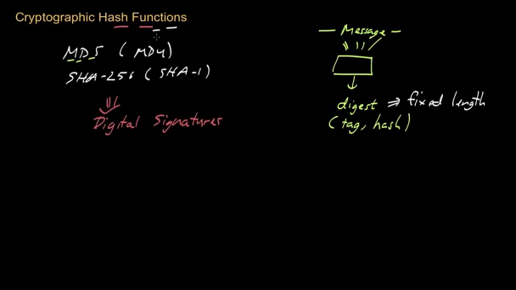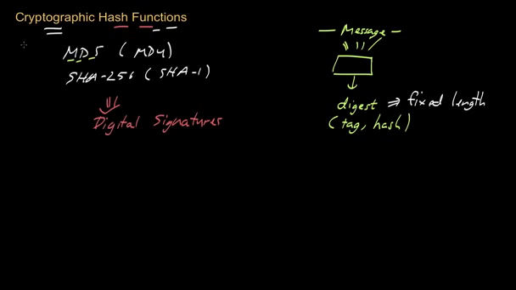The qualifier cryptographic here is very important, and it usually implies that the hash function has to have a certain set of critical design goals and particular properties that make it suitable for use in cryptographic applications, areas where security or privacy or confidentiality or authentication is a serious concern.